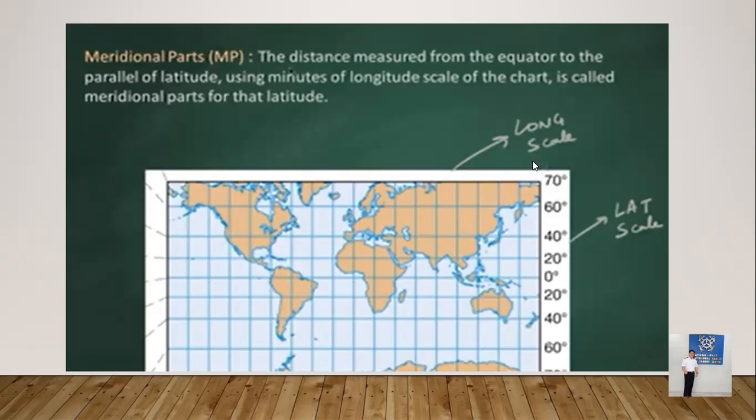Now, with Mercator sailing, let me introduce to you the meridional parts. So, what are meridional parts, or the MP? It's the distance measured from the equator to the parallel of latitude using the minutes of longitude scale of the chart, and it's called the meridional parts of that latitude.